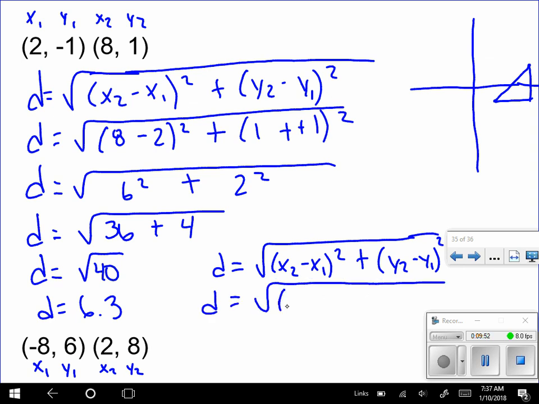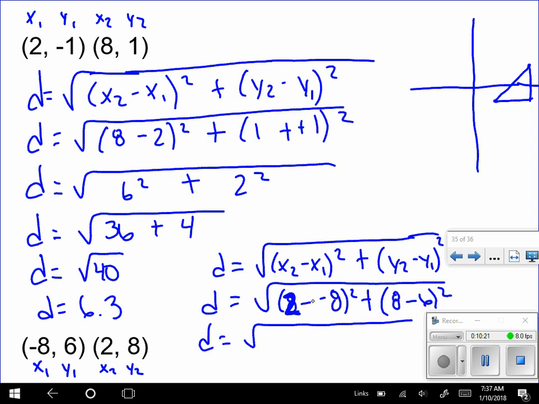So this would be 8 minus -8 here, squared, plus, oops, this should be our x value, 2. 2 minus negative 8. Be careful when you're putting your values in that you don't make a mistake. And then we have 8 minus 6 squared.